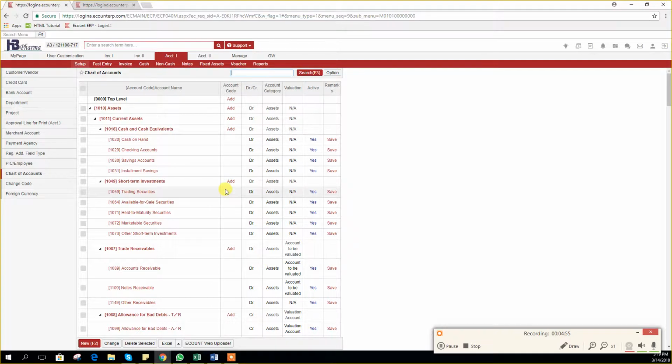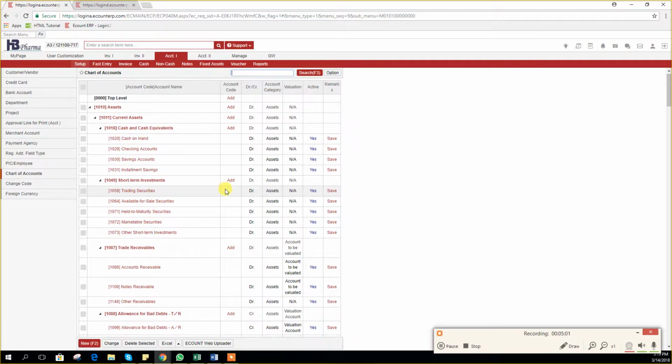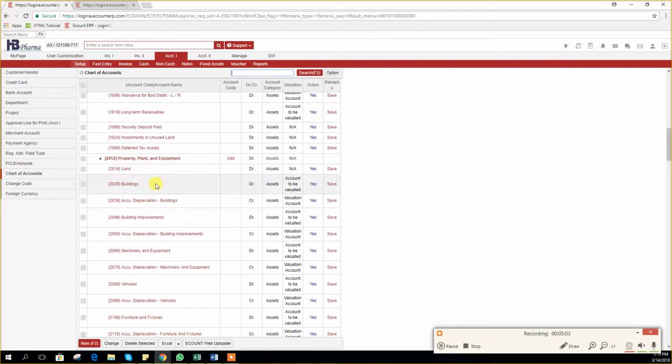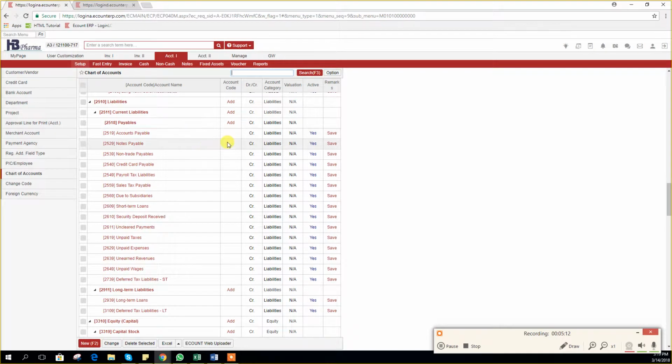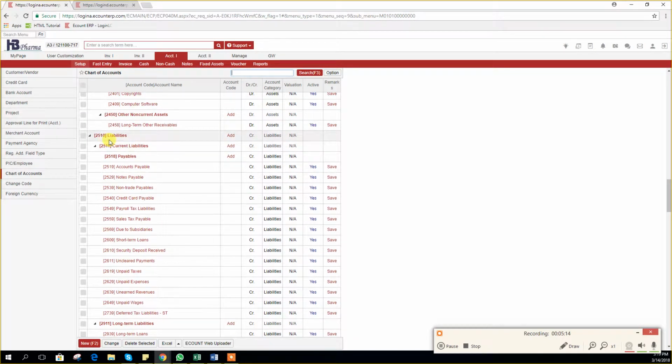So how do you create an expense account? You need to go to wherever you need to set it up. You have this little button here called add, right? If you need to add anything in the middle here, you just need to click this little add.